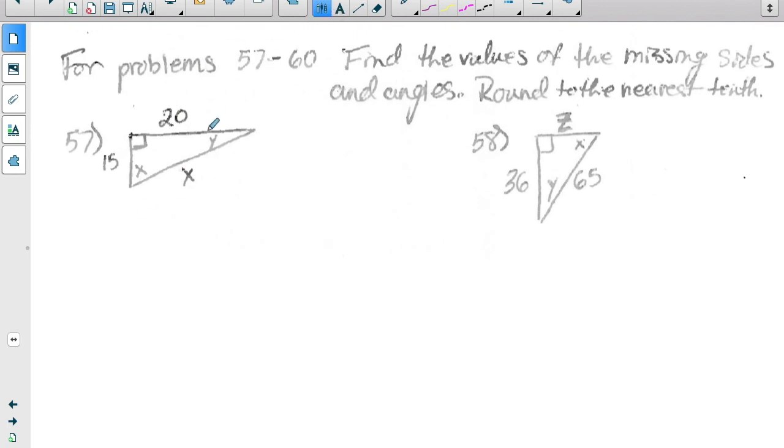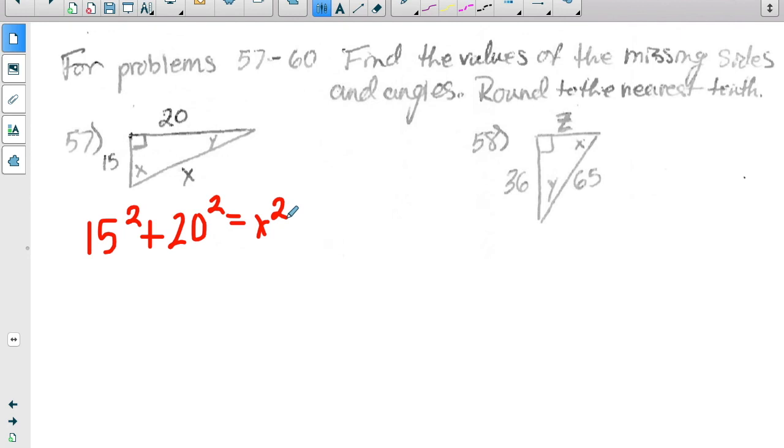So the first thing that we're looking at is, well, we need to find all three side lengths. And we went over this at the beginning. To find the missing side length for 57, I use the Pythagorean theorem. That 15 squared plus 20 squared is going to equal the hypotenuse squared, x squared.